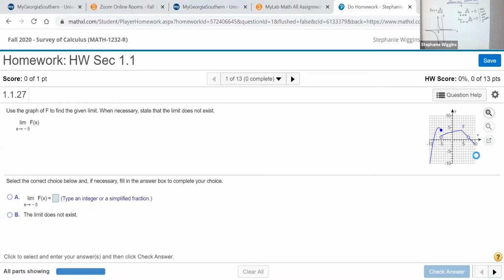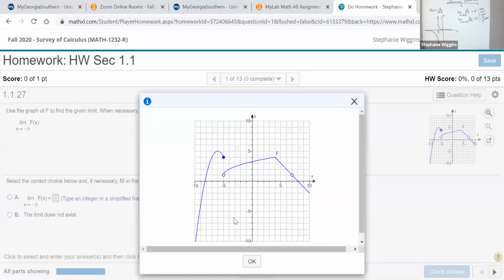Going over to the graph, here's our function. And x is approaching -5. So here's the x-axis. So I locate -5 on the x-axis, and there it is. And as I am on the left, if I pick an x value really close to -5 on the left-hand side, and I go up, there I am at a height of 4, okay?